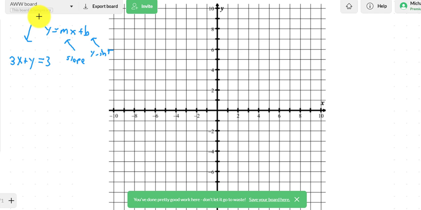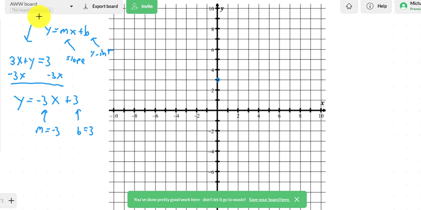So for this problem, I'm going to subtract 3x from both sides, and that will leave me with y equals minus 3x plus 3. You could also write 3 minus 3x, but I'd like to keep this in the y equals mx plus b form, where my m is the negative 3 and my b equals 3.